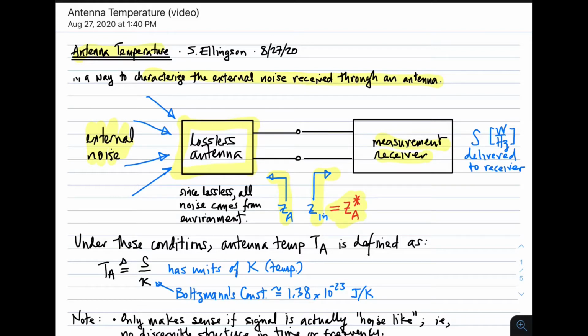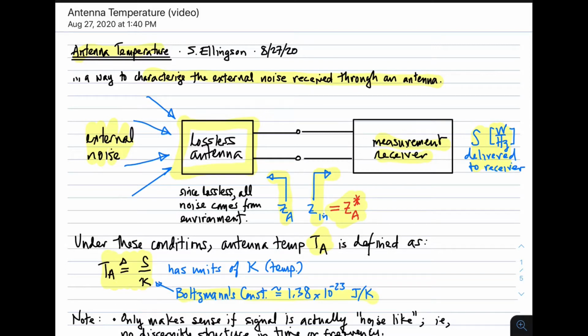What we're ultimately going to measure here is the power density, that is the power spectral density, which is delivered to the receiver. We're going to give that the symbol S, and it has units of watts per hertz. So, under these conditions, we can define an antenna temperature, T sub A, which is defined as indicated here, S divided by k, where k is Boltzmann's constant.